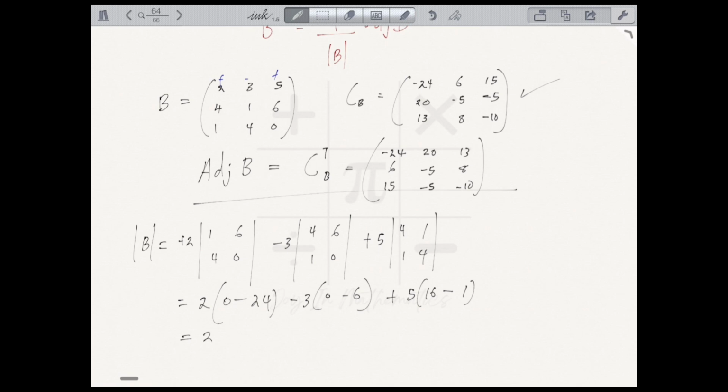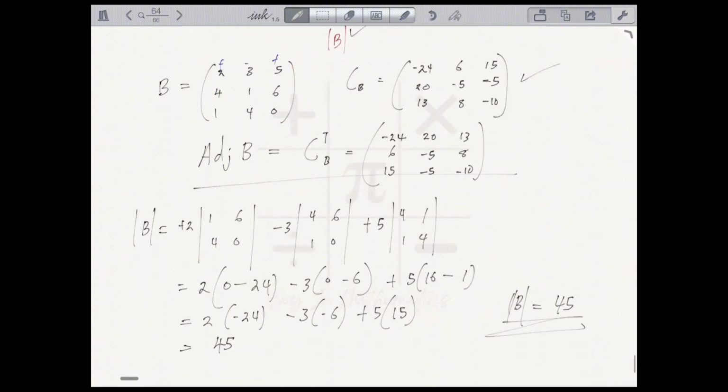So this will be 2 into negative 24, minus 3 into negative 6, and plus 5 into negative 15. Resolving all this together, we have an answer of 45. So the determinant of B is equal to 45.